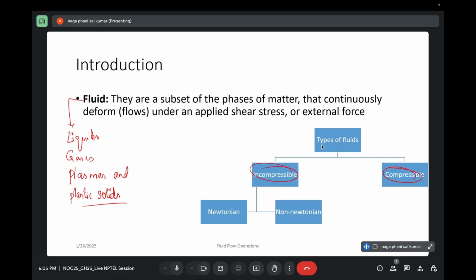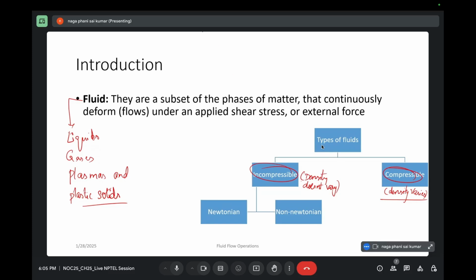Incompressible fluids are nothing but fluids whose density doesn't change or doesn't vary. And for compressible fluids, it's the opposite, the density varies. So this is a classification of types of fluids.